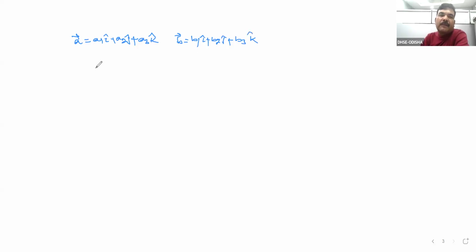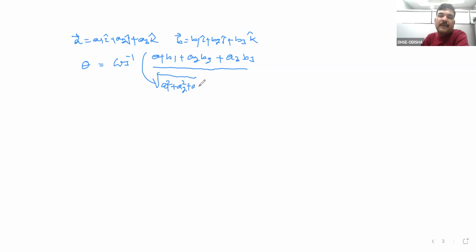Then the angle theta between them is equal to cos inverse of A dot B, that is A1 B1 plus A2 B2 plus A3 B3, divided by under root A1 square plus A2 square plus A3 square into under root B1 square plus B2 square plus B3 square.